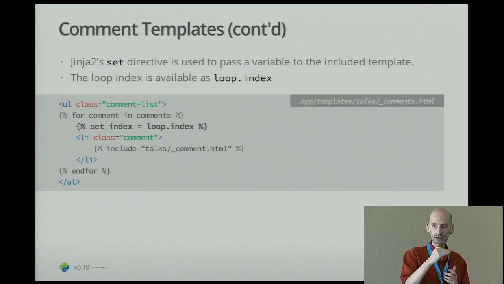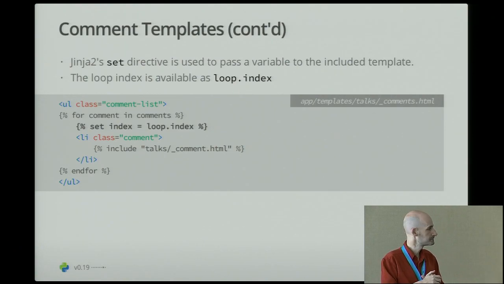So comment 1, 2, 3, and so on, so that you can see how many comments there are. And Jinja2 gives me the index of the loop in the loop.index. So I'm putting that in a variable using set. So when I call comment, the sub-template, that template will have access to index as a regular template variable, and it can render it as part of the comment.